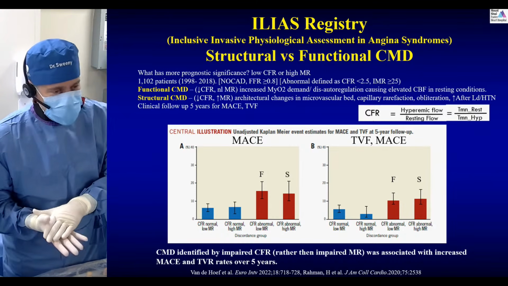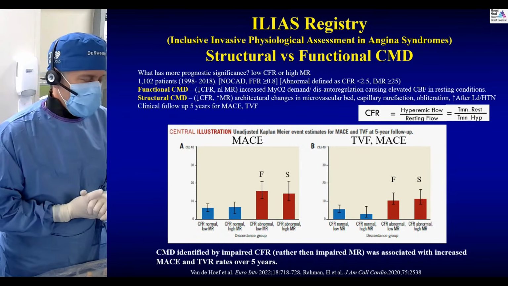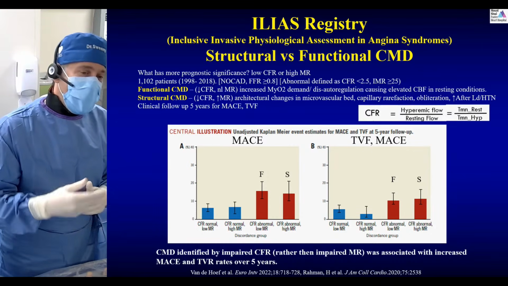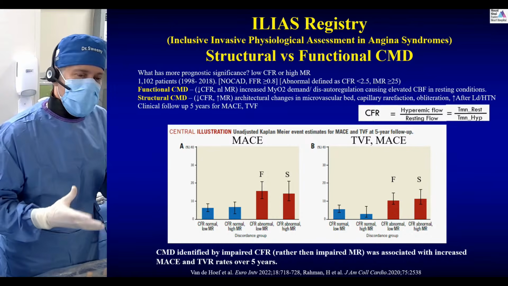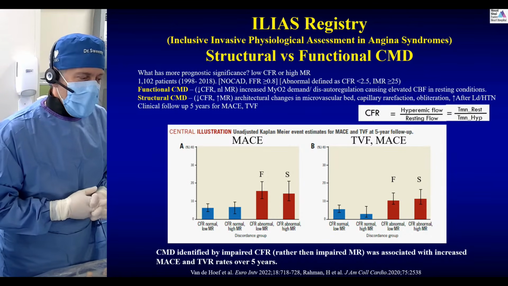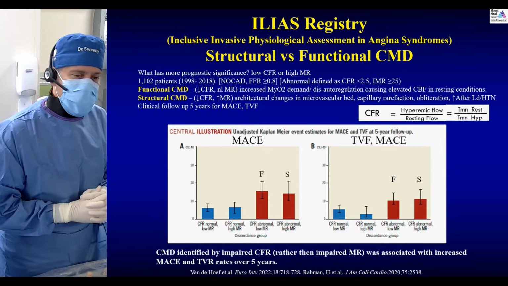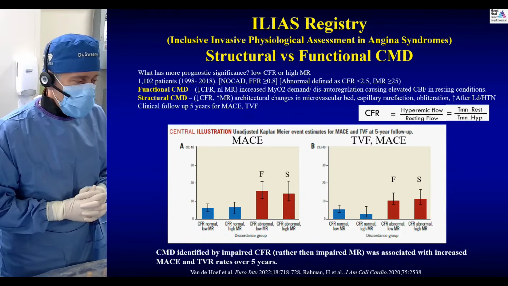Versus a structural coronary microvascular dysfunction is a low CFR and a high myocardial resistance. And this is more related to architectural changes in the actual microvascular bed. Rarefaction, obliteration, hypertension, high afterload.